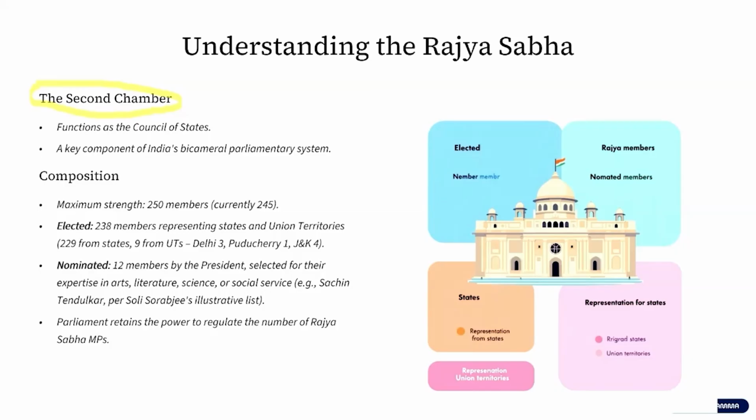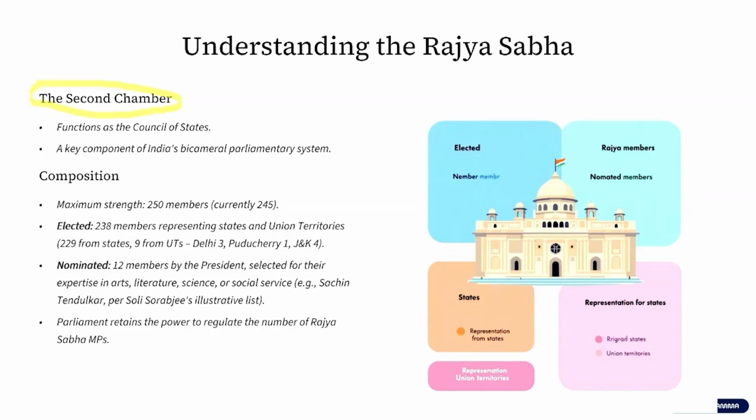Now, Rajya Sabha may be a second chamber, but it is not a secondary chamber. What do we mean by a secondary chamber? Rajya Sabha is acting as the second chamber, but it is not a house that is inferior to the Lok Sabha. That is, Rajya Sabha has equal importance in India's parliamentary system.